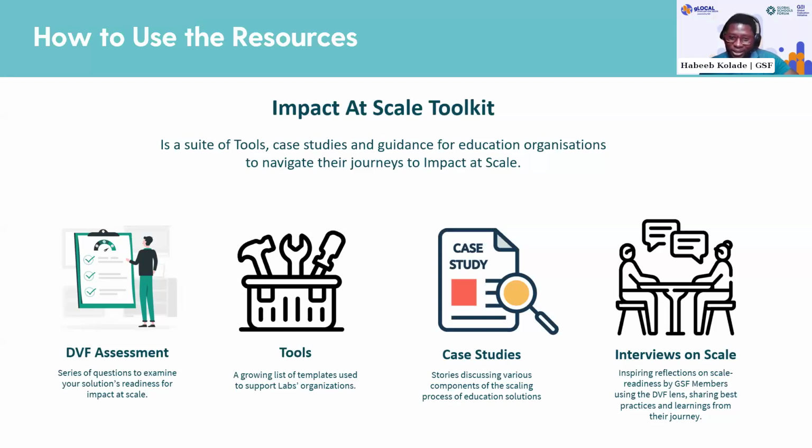So there's a lot of case studies from Gyan Shala, from Sabre, from Dignitas, on how they've used some of these tools to provide you more context into how they are scaling, like they're covering specific gaps that they've identified through their DVF assessment.